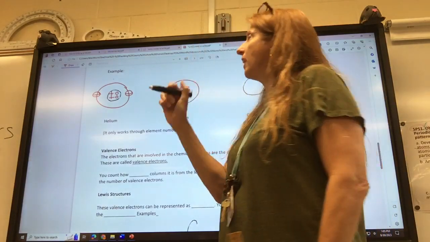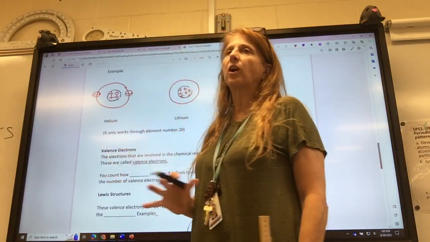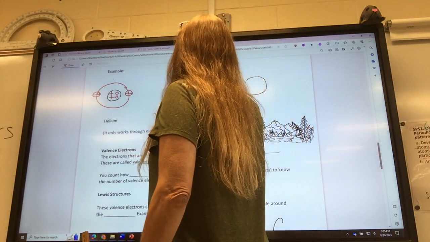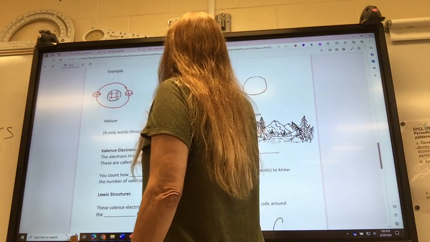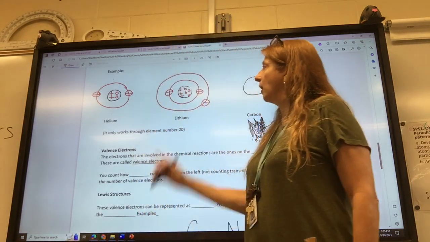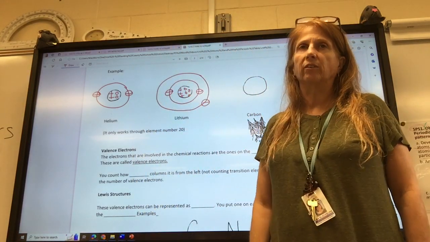Now, it turns out that these clouds have a max capacity. For the first cloud, it can only take 2. The next cloud can take more, so that's where the third one will go. 1, 2, 3 electrons.